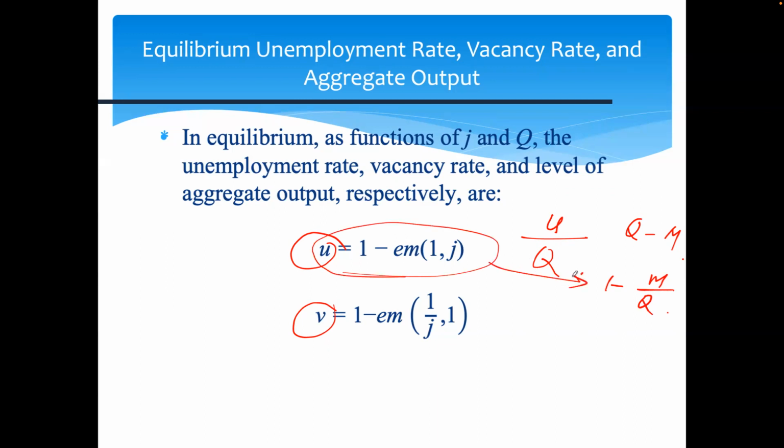I leave the algebra for you, but that should be very straightforward. And the vacancy, what is vacancy? Essentially A divided by Q, and similarly we can just get this number.